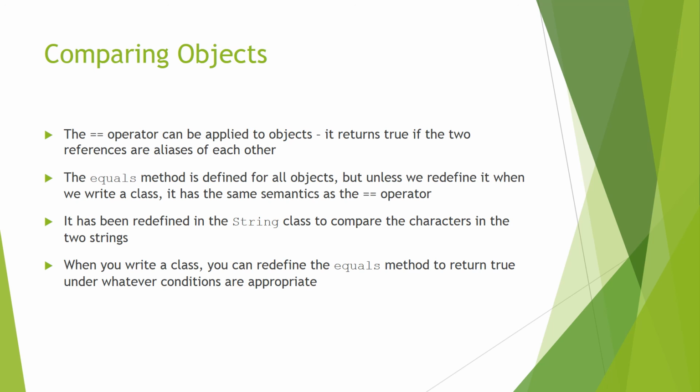It has been redefined in the String class to compare the characters in the two strings. When you write a class, you can redefine the equals method to return true under whatever conditions are appropriate.